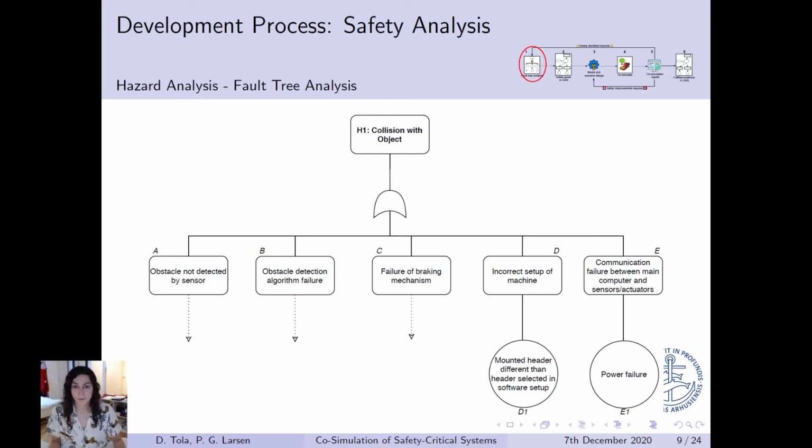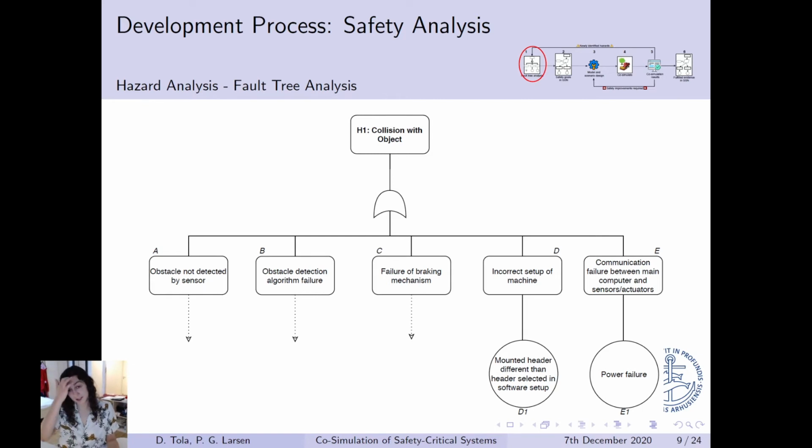So after identifying the hazards, we also looked at what could be the root causes of these hazards. And there are different methods that can be used to determine this. But we chose to use the fault tree analysis because of its simplicity. And actually, typically, you would combine different methods to detect the root causes of a hazard.